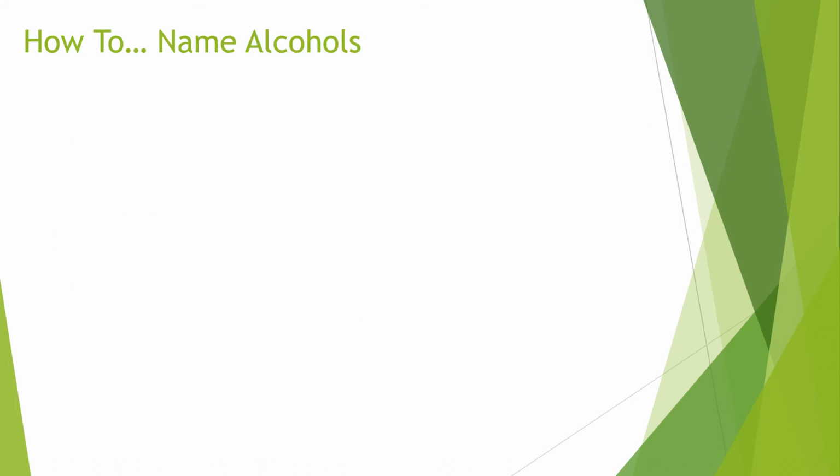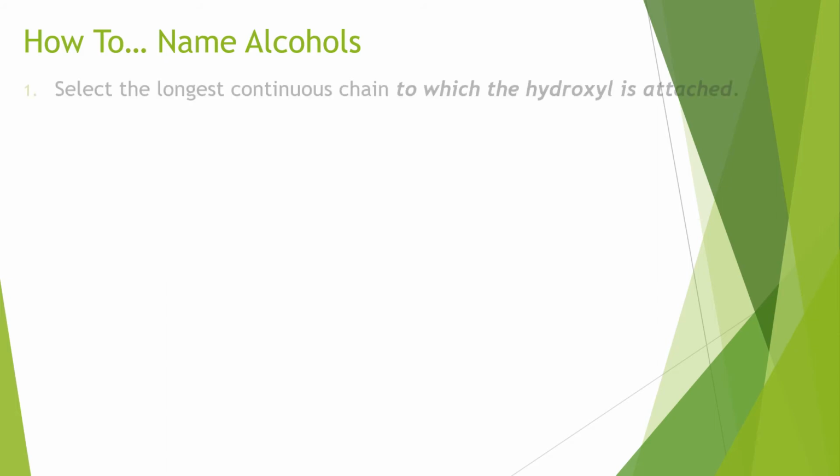So, how to name alcohols. This is all going to be very, very familiar, just with the small caveat that a hydroxyl group has a higher precedence than a halogen or an alkyl group. So when you're finding the longest continuous carbon chain, it has to be the longest chain that the hydroxyl is attached to, even if that's not the actual longest carbon chain in the molecule.